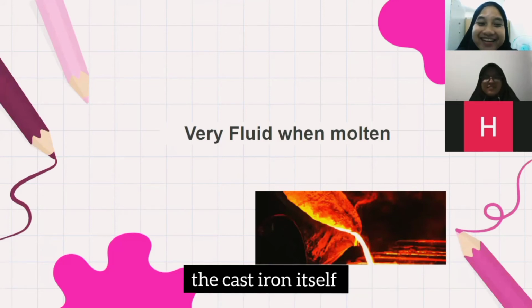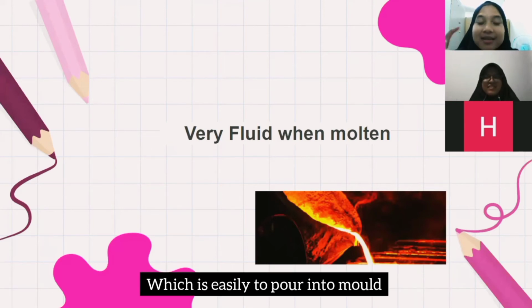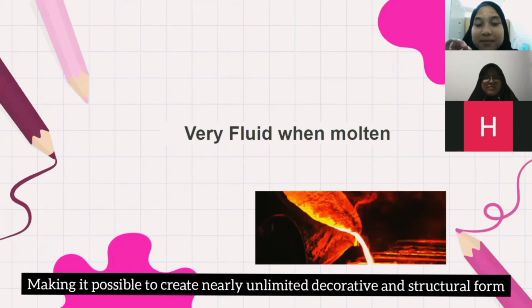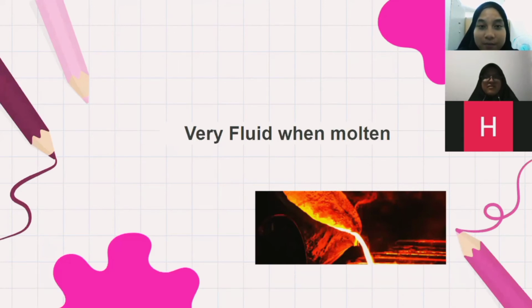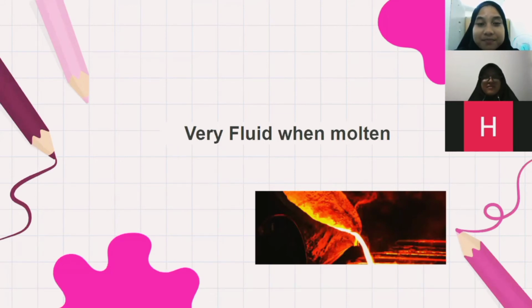The cast iron itself, when it is molten, turns out to be very fluid, which makes it easy to pour into a mold, and it makes it possible to create nearly unlimited decorative and structural forms, which means that cast iron elements are very uniform in appearance.